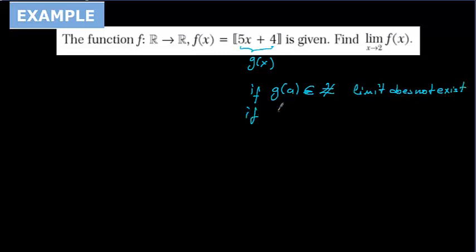If g of a is not an element of Z, the limit exists, and the limit value is the greatest integer value of the function.